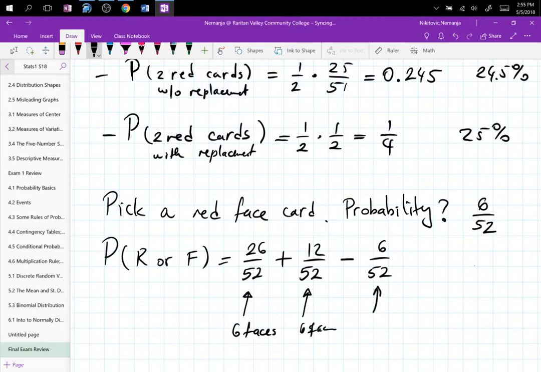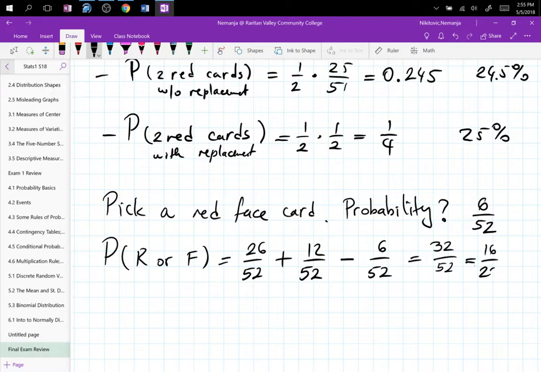So I take one of those away. So this is 32 over 52. We can reduce it by 2, so that's 16 over 26. Reduced by 2 again, it's 8 over 13. So 8 over 13.